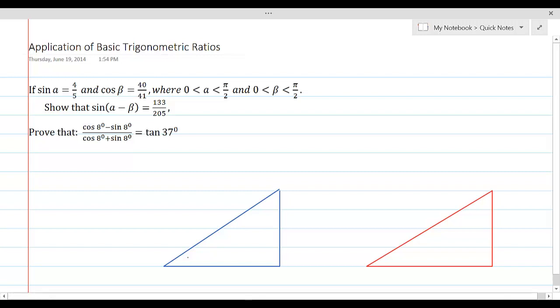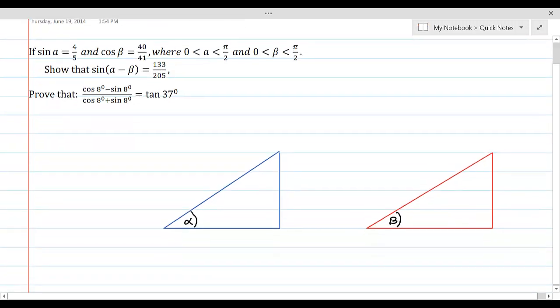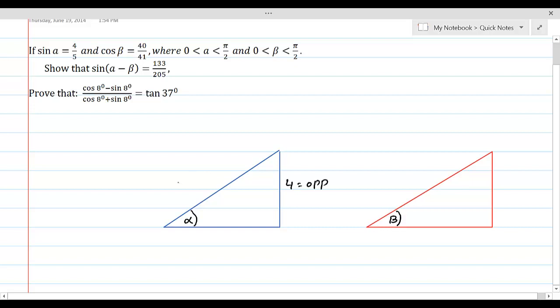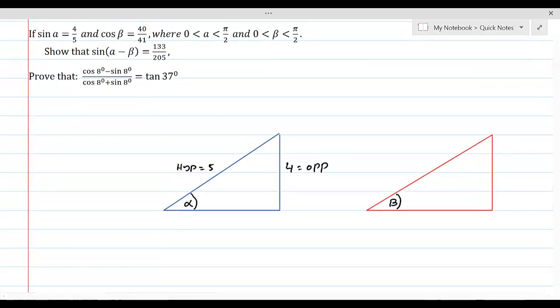So let's write down the angle in the first triangle and call this alpha, and for the second triangle let's use this triangle for beta. Sine alpha is equal to 4 over 5, means 4 is the opposite and 5 is the hypotenuse. What we are required to find is the adjacent, because that is missing.